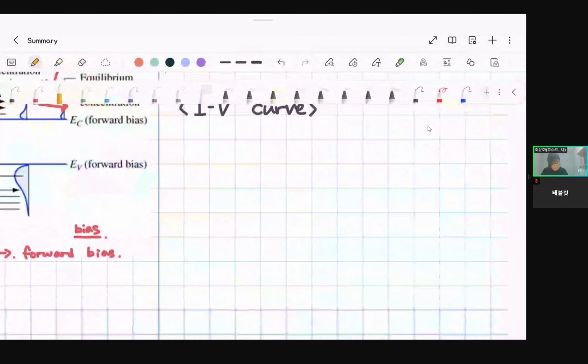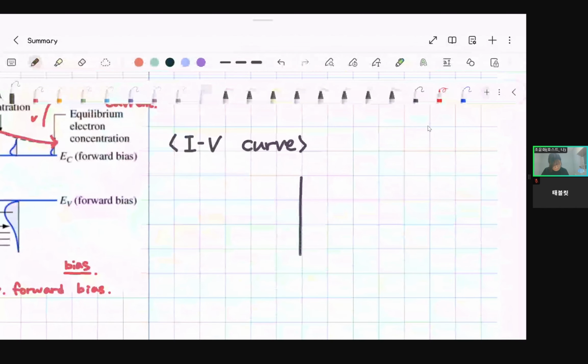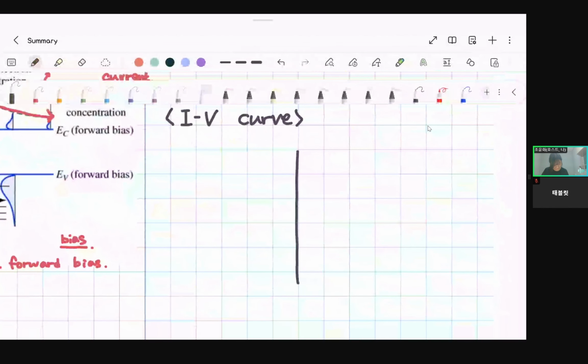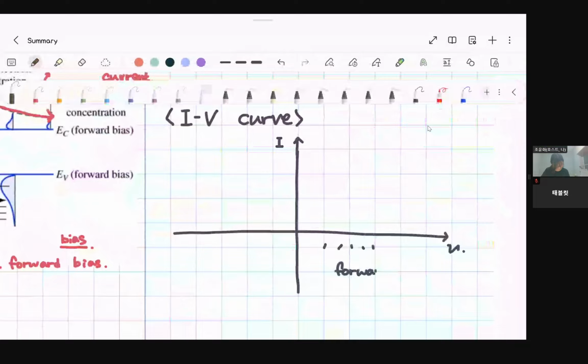So we can draw this IV curve. The y-axis is I and the x-axis is V. This position is forward bias and this is reverse bias.